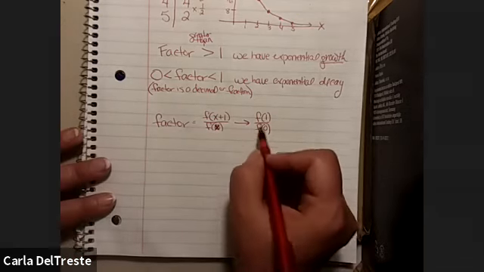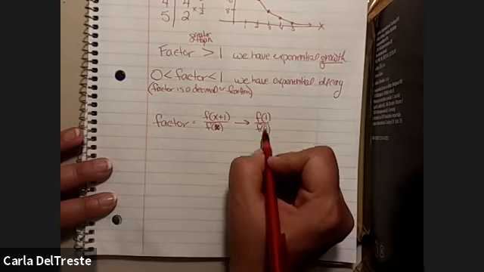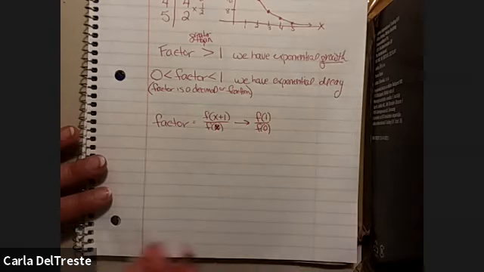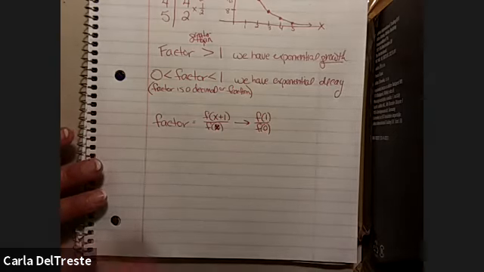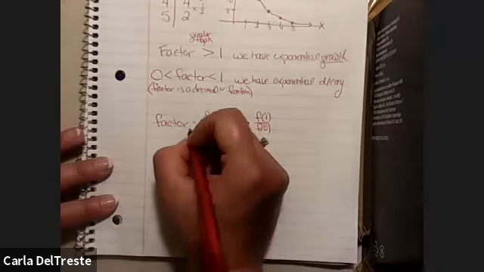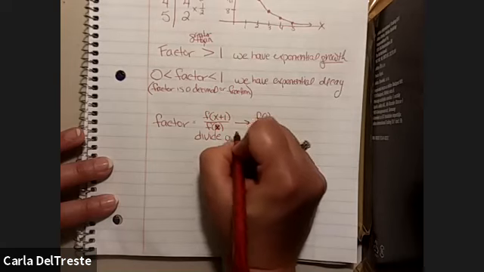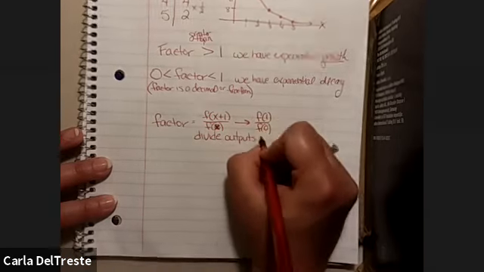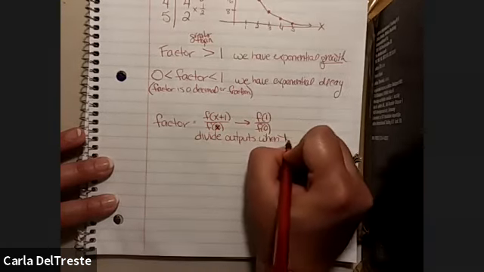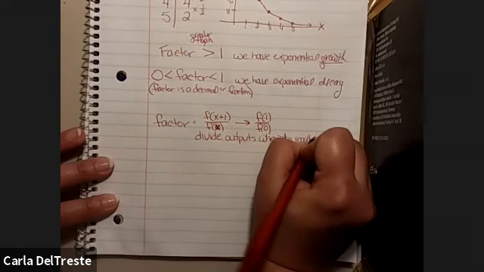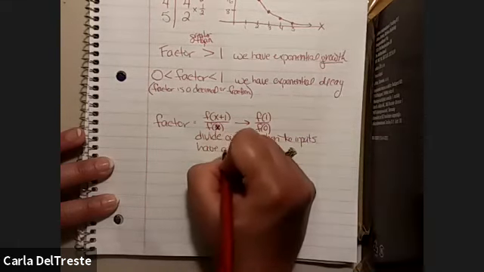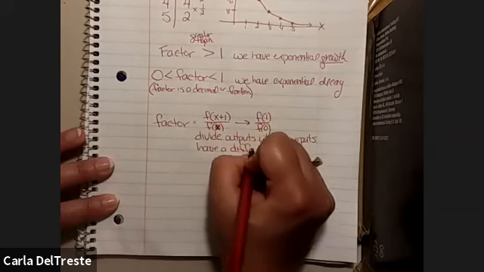So all this means is that the input is going to have a difference of 1, and you're going to divide those outputs. So let's put that in words. What we're really doing here is we divide outputs when the inputs have a difference of 1. That's really all this says.